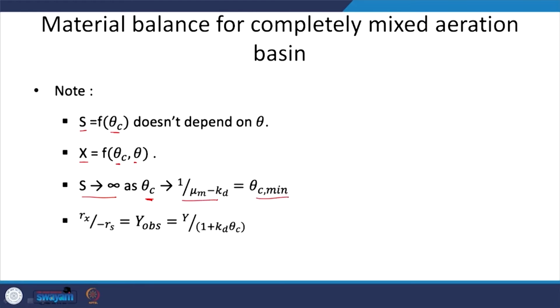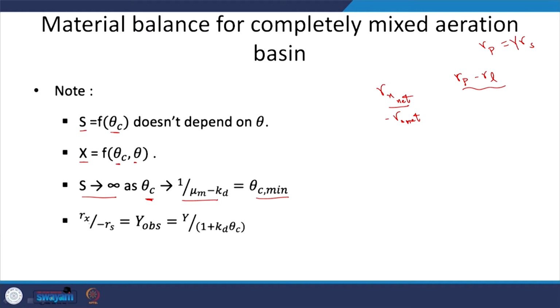And another aspect is, if we play around with the relevant values, we can come up with Rx net by Rs net, right. This Rx net will also take into account both the rate of production and rate of loss, right. Earlier we only looked at Rp and Rs and looked at Y, let us say, right.